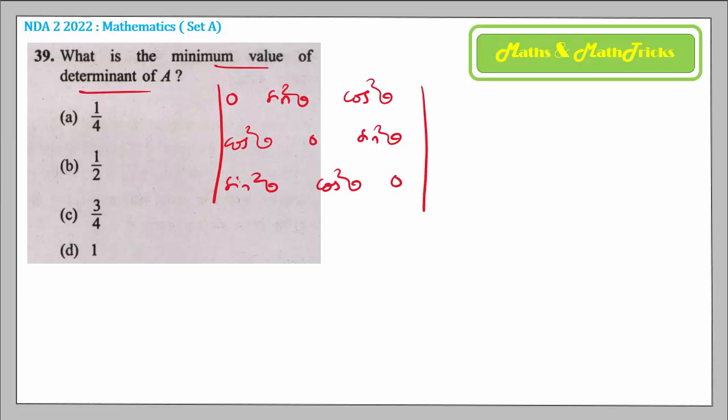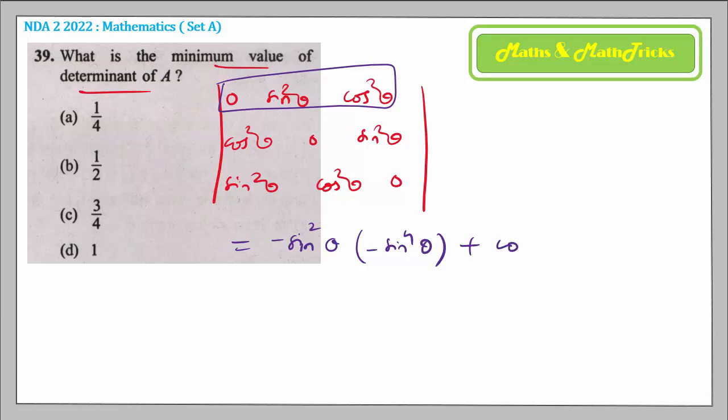When you evaluate this determinant across the first row, you will actually get, see, the second entry, that is minus sine square theta into its corresponding minor, what do you get? It's minus sine to the power 4 theta, then plus cos square theta into its minor, you have cos to the power 4 theta.